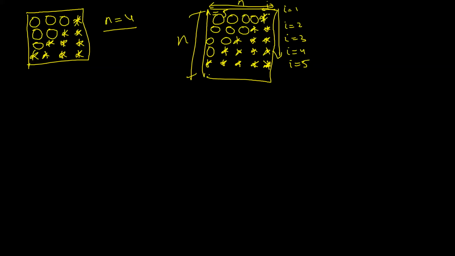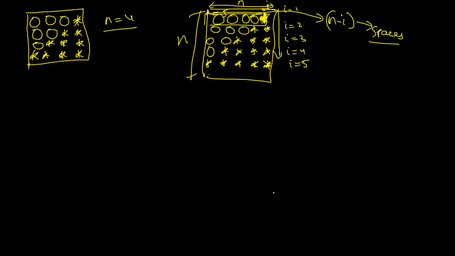And I know that I am printing i stars here. So what is the number of spaces here? The total length is n, the value is i, so it should be n minus i spaces, correct?